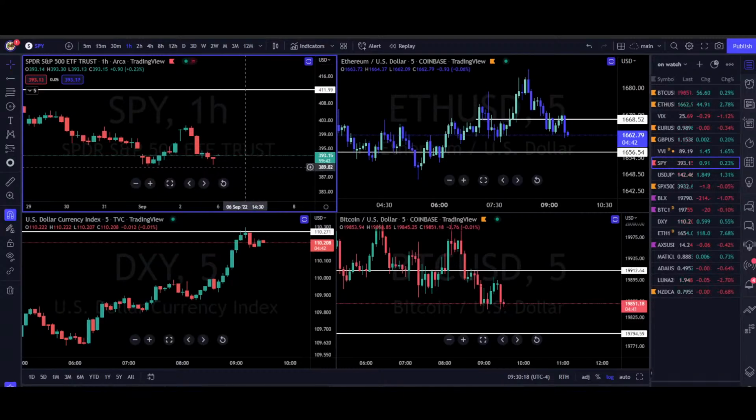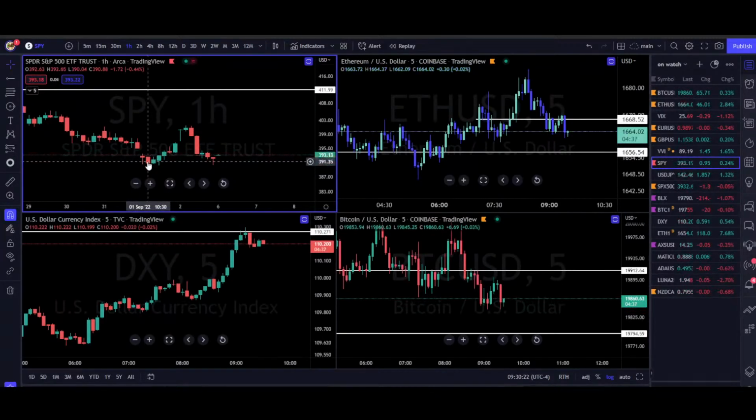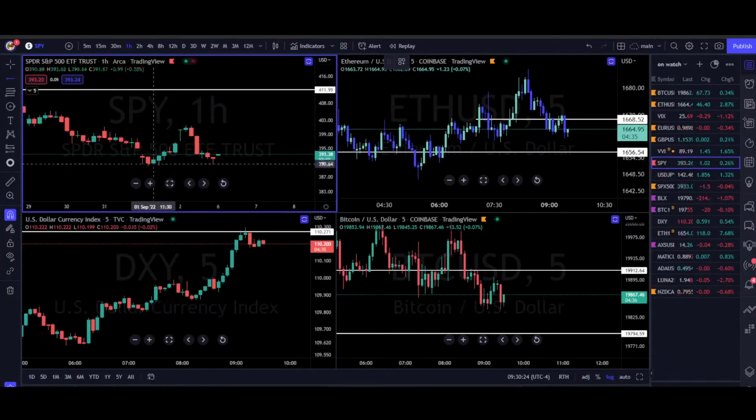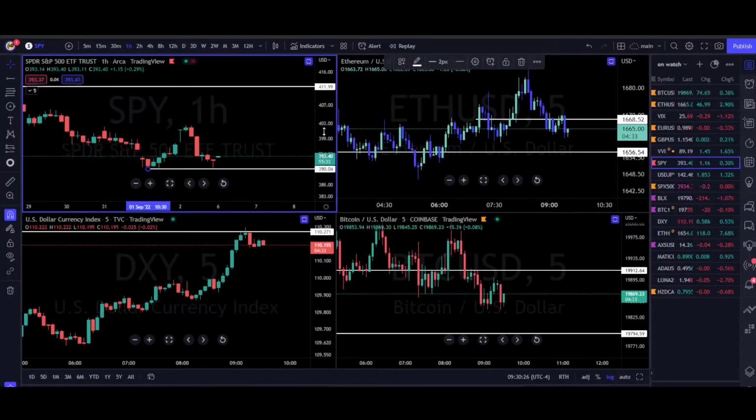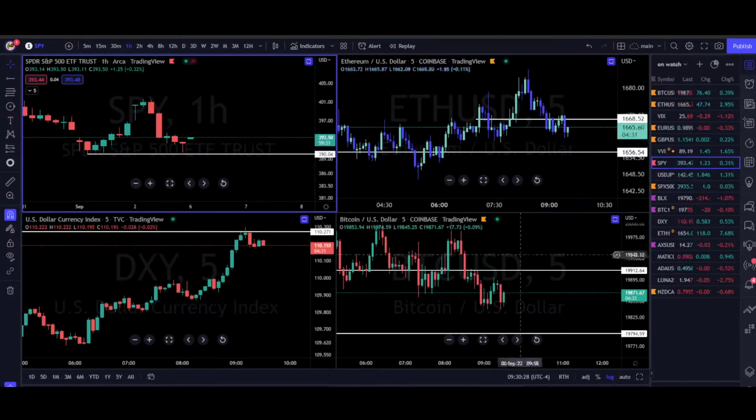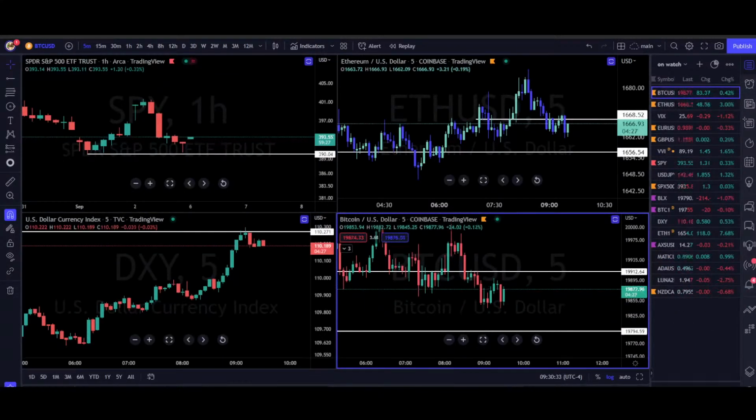Low of day yesterday is here. That is yesterday's low. Look at Bitcoin, right down to bullish entry, and up. That was your entry. It's up to you to decide what you want to do here.